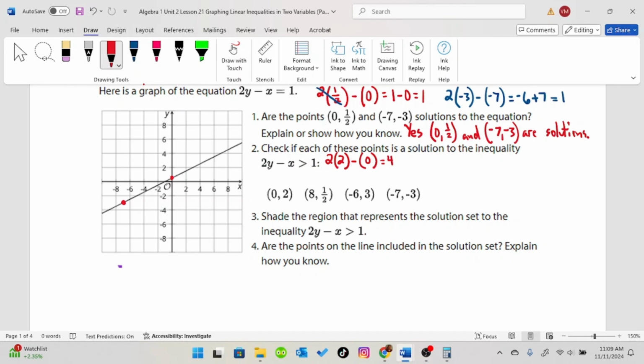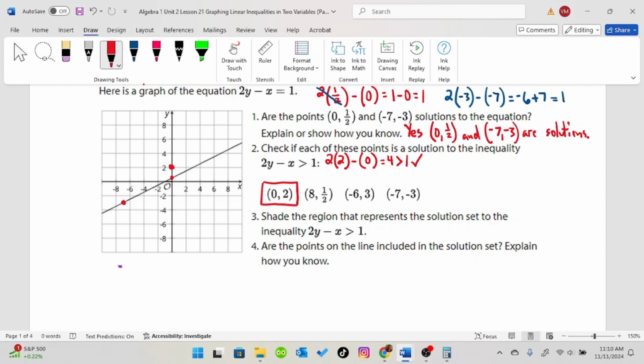Minus 0 would just still remain 4. And 4 is greater than 1. So (0, 2) is a solution. And we could find that at (0, 2). This point right up here.